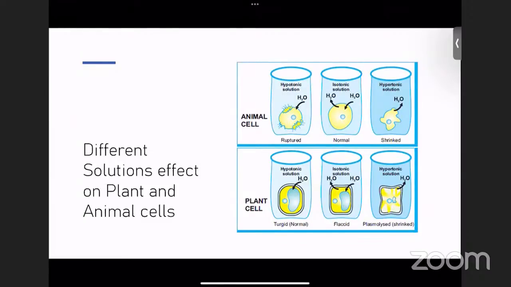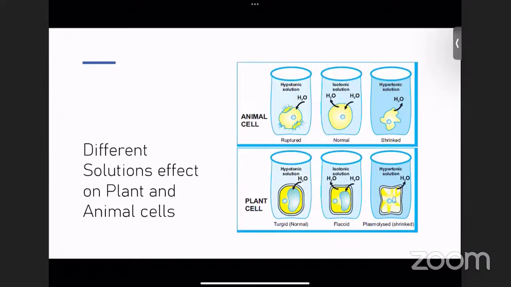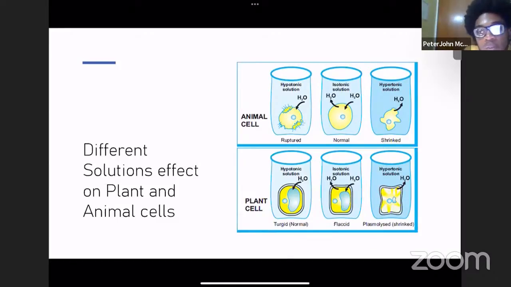Higher than the outside solution. The outside solution is higher than that of the cell. So there'll be a net movement of water outward to achieve equilibrium. I'm very happy that you said the word net movement, by the way. That's very good.